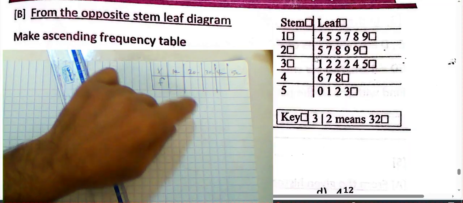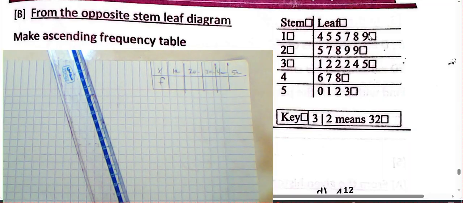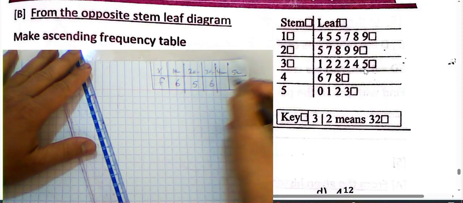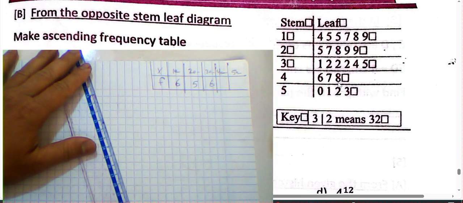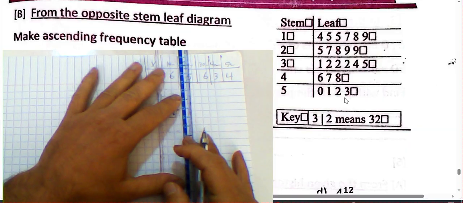It's 10, 20, 30, but this number tells me 1, 2, 3, 4, 5, 6. And here 1, 2, 3, 4, 5. 1, 2, 3, 4, 5, 6 digits. And here 1, 2, 3 numbers. And 1, 2, 3, 4. Now we can draw the table.